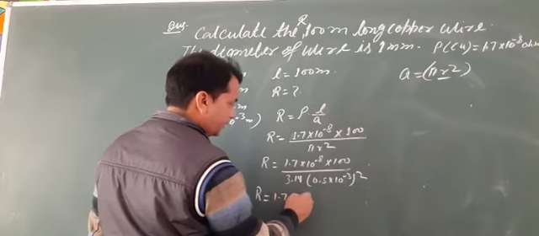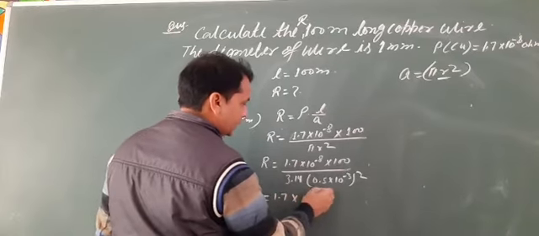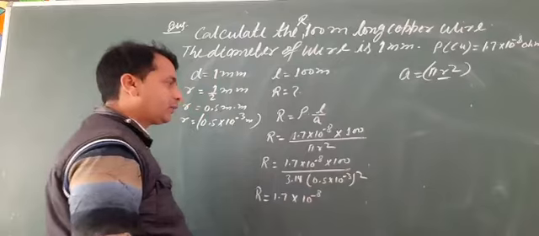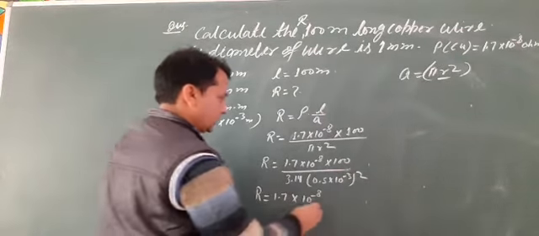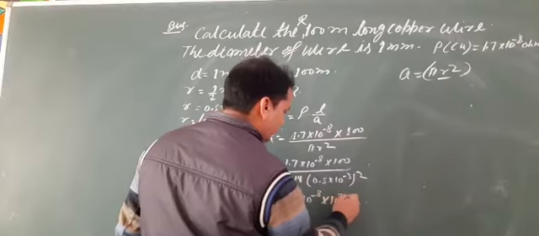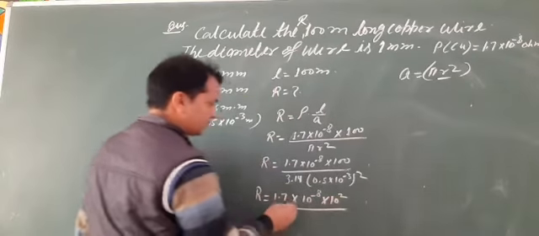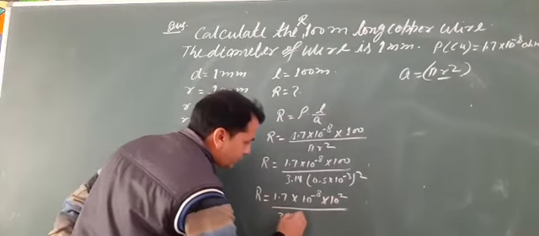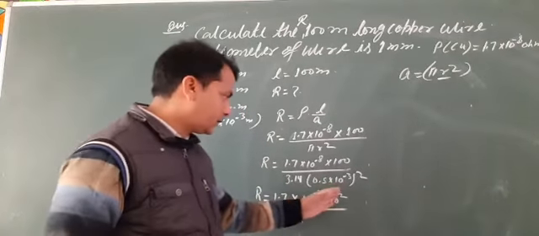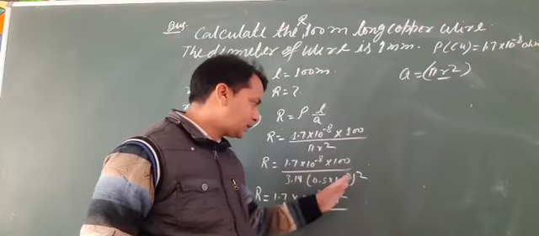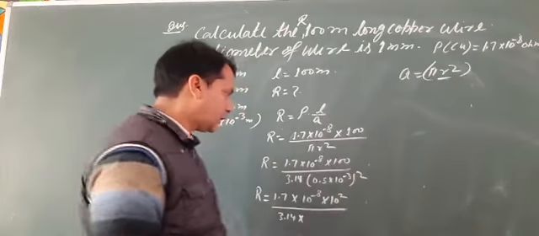So R equal to 1.7 into 10 to power minus 8, and 100 in terms of power is 10 to power 2, into 10 to power 2, divided by 3.14 into 0.5 into 10 to power minus 3 whole square.